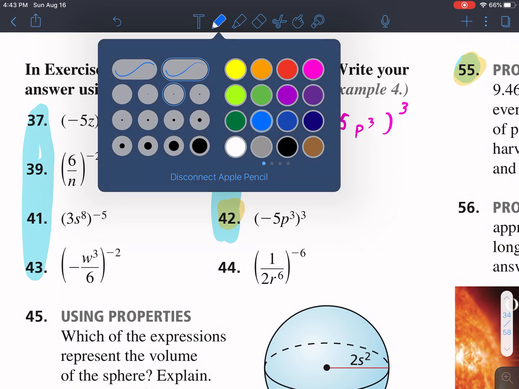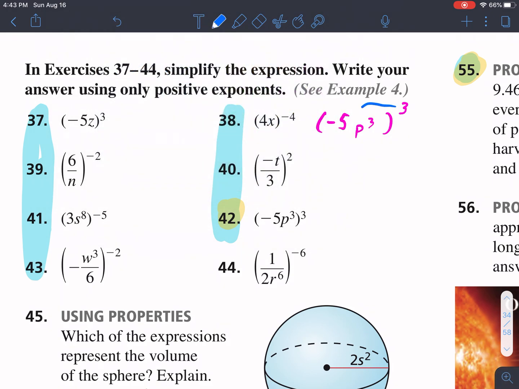Let's choose this one. And what you're going to do is multiplication, right? I'm going to do a dot. So this is going to be negative 5, and since there's no number, like I said, you got to assume that there's a 1 there. So it's negative 5 to the 1 times 3 power.